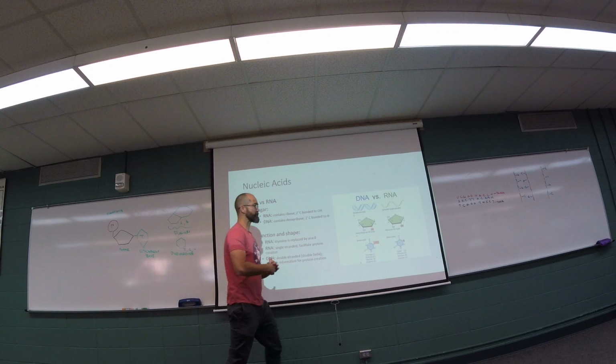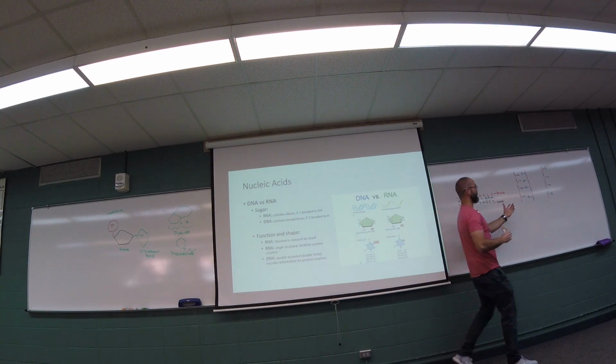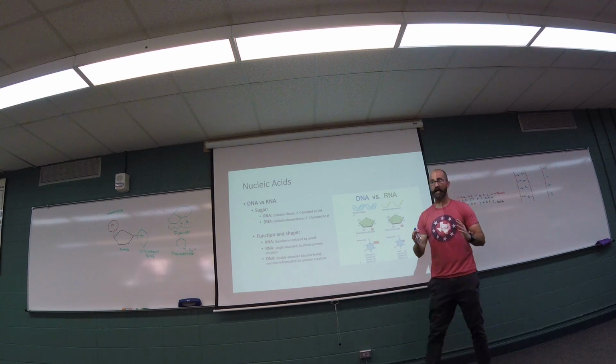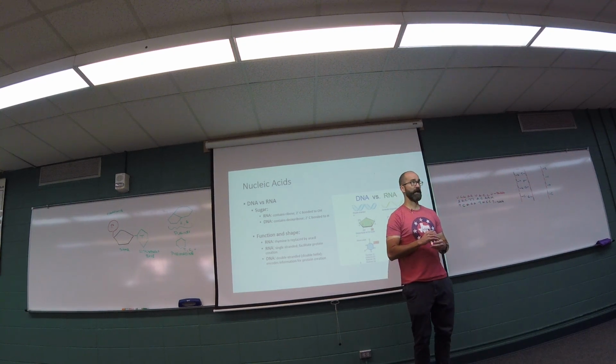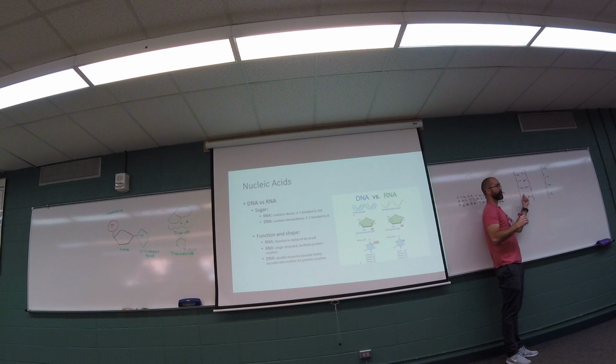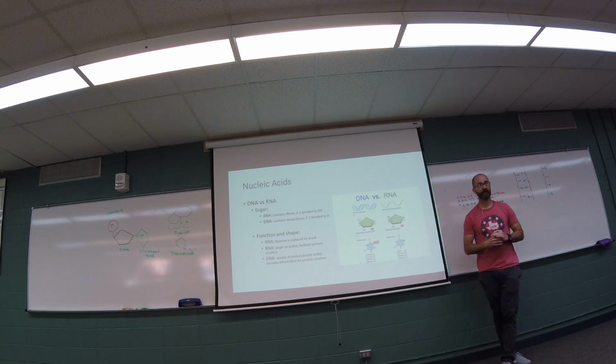DNA, however, has two strands, and those strands spin or twist in space so that it looks like a ladder that's been twisted. Now, this is an aside, but it's an important aside. Not all hydrogen bonding between adjacent nucleotides is the same.